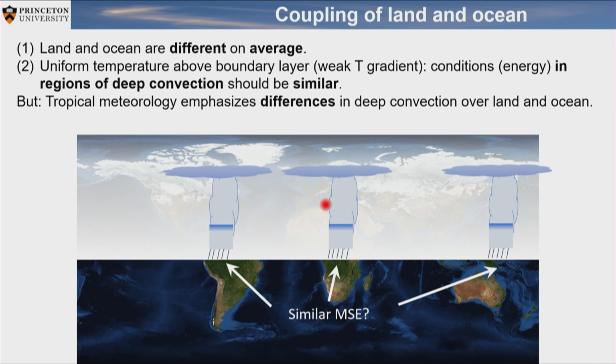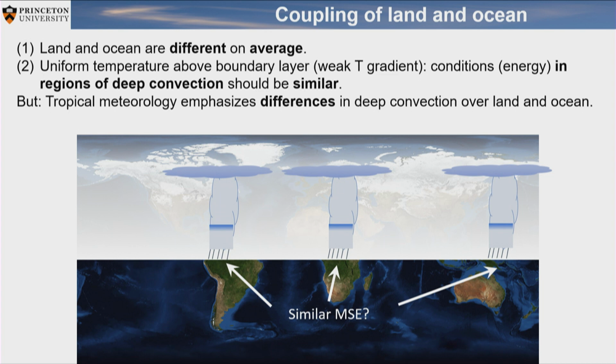You start filling the free troposphere with the conditions here, but the regions over here and over here would know about that. So it would be exactly this situation where we have coupling, but the regions are pretty far distant from each other. Because we have the weak temperature gradient, this is a strong coupling across large distances.